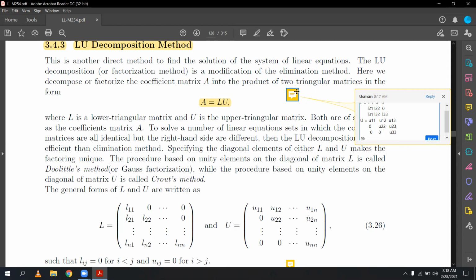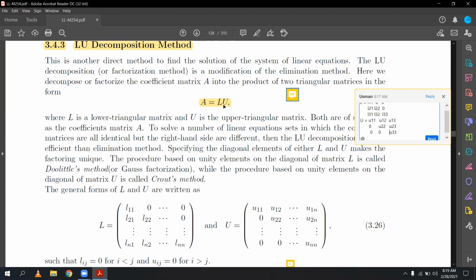How many unknowns do we have? 6, right? So for a 3 by 3 matrix, how many elements do we know for A? We know 9 elements, and with the help of 9 elements, we have to find the elements of L and U. But you can see here, the elements of L are 6, the elements of U are 6. So how many total unknown elements do we have?